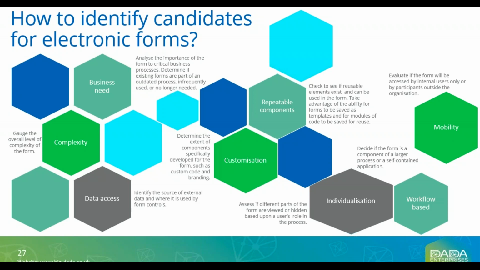You then need to prioritize which are the key forms and key processes to automate. To identify candidates, we've identified some key criteria, things such as assessing the level of complexity and customization within that form.